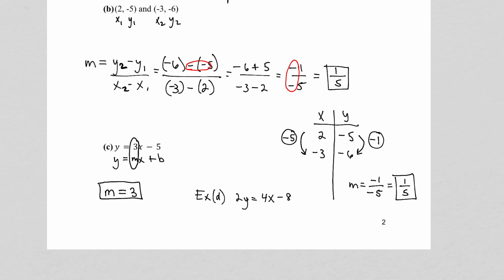You first need to get y by itself by dividing everything by 2. So this becomes y equals 2x minus 4. And now that it is in the form y equals mx plus b, we can now see that your slope in this particular example is 2.